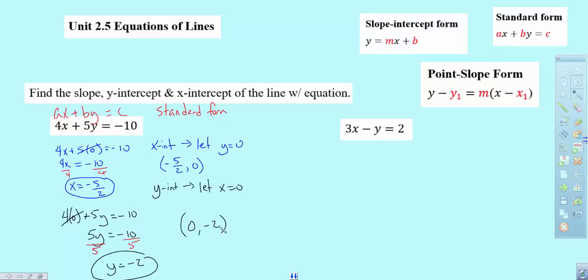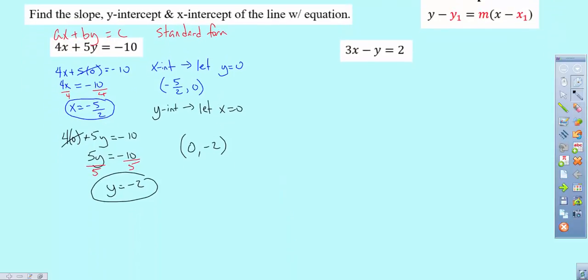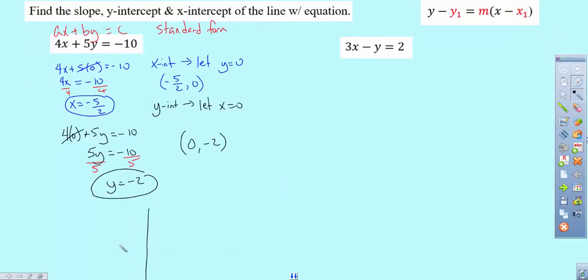So from here, what I can do is graph. Whether you were doing this in MyMathLab or whatever, we'll just draw a quick little sketch. If I wanted to plot my x-intercept, negative 5 over 2, that's negative 2.5.